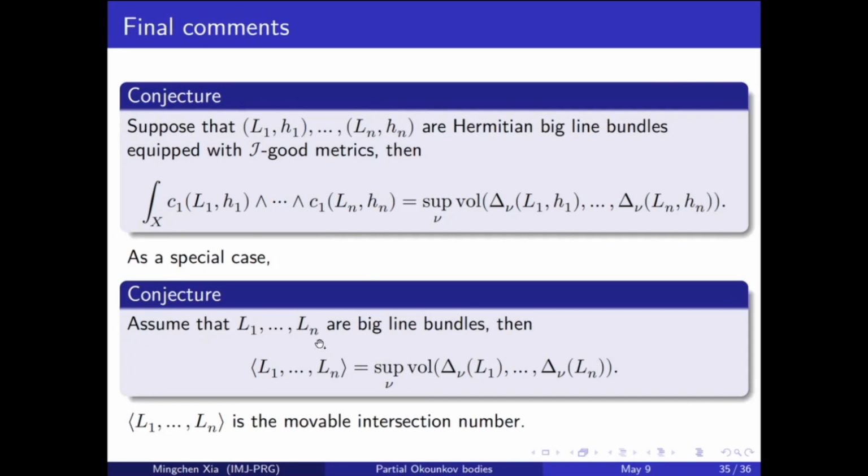So in principle, there should be a way to reconstruct the movable intersection number from these Okounkov bodies. And the naive guess is that the movable intersection number is equal to the mixed volumes of these convex bodies, which turns out to be wrong. So my conjecture is that if we consider all valuations and we take the supremum of the corresponding mixed volumes, we end up with exactly the same number as the movable intersection number.